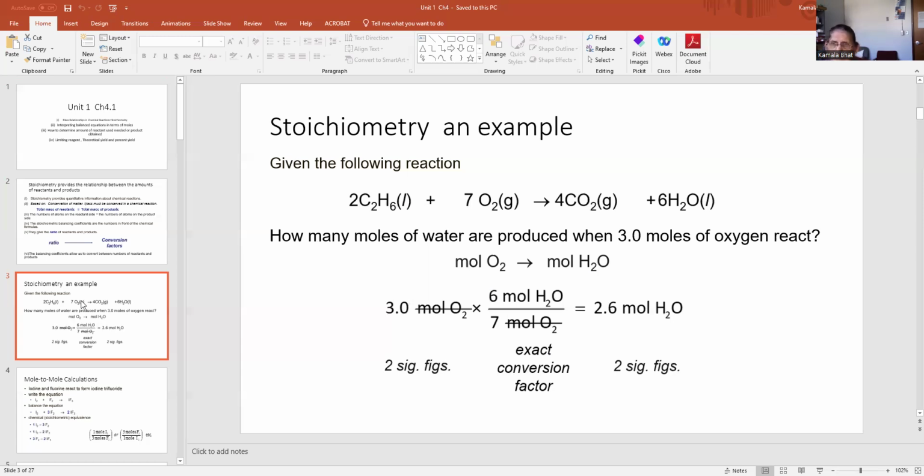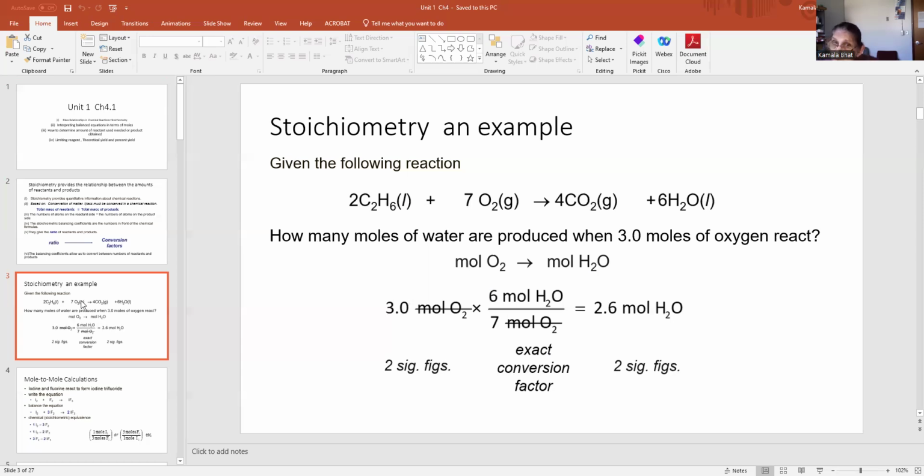And the question asked is, how many moles of water are produced when 3 moles of oxygen react? So the solution is, what do we see from the equation? We see that 7 moles of oxygen will give us 6 moles of water. But how many moles of oxygen do we have? We have 3 moles of oxygen. So 3 moles multiplied by 6 moles of water divided by 7 moles of oxygen will give you 2.6 moles of water.